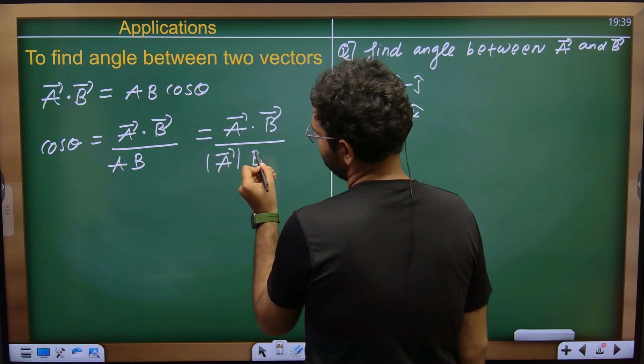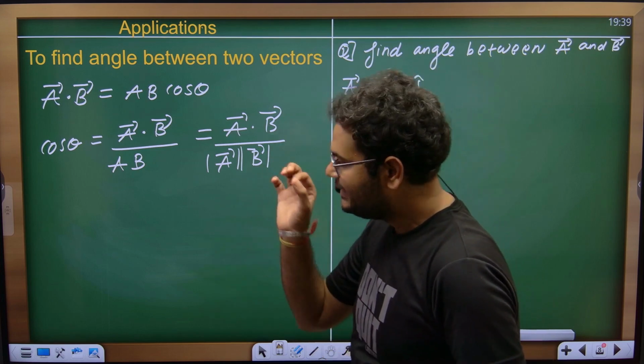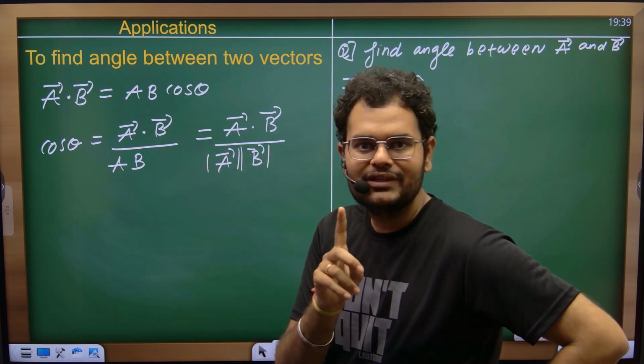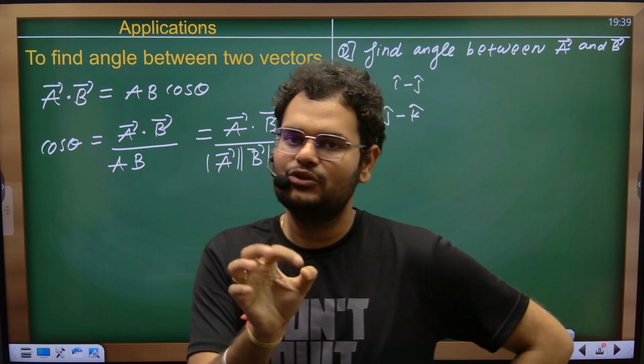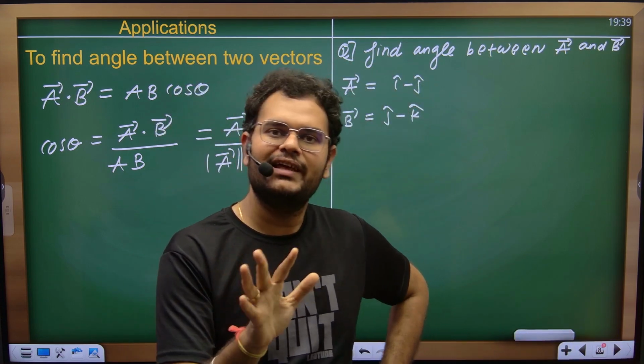Okay, okay sir. That means if I know the dot product of two vectors and their magnitudes, I can find the angle between two vectors.